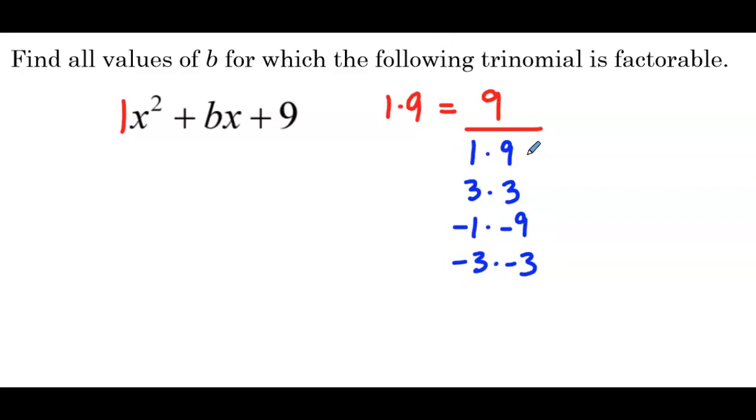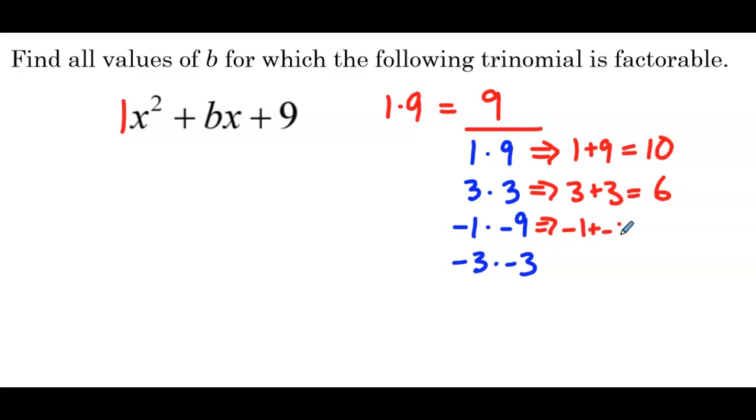Well, if we add the two factors of each pair, 1 plus 9 would be 10. 3 plus 3 would be 6. -1 plus -9 is -10.